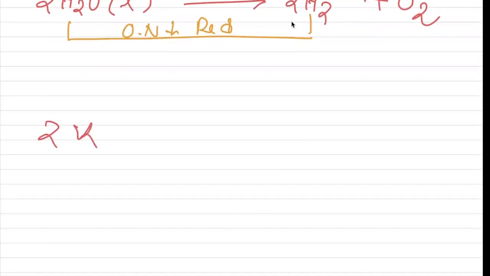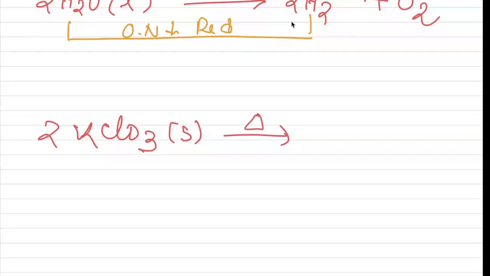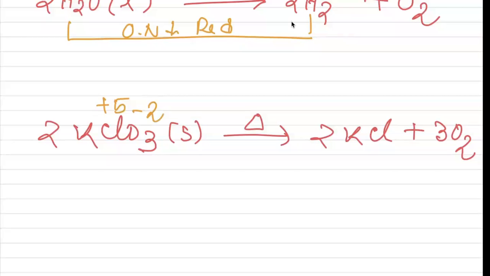Okay. Now, take one more example. When 2KClO3 is heated, it breaks down to 2KCl plus 3O2. So here Cl will be in +5 oxidation state. Oxygen will be in -2. Potassium is in +1, and oxygen will be in 0.